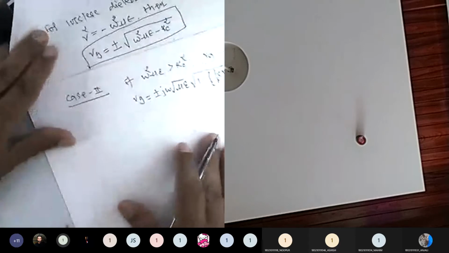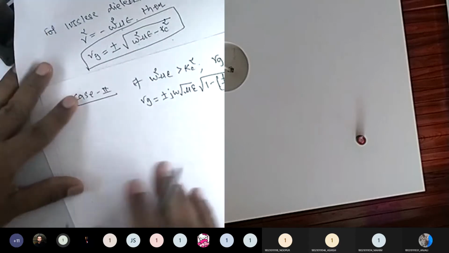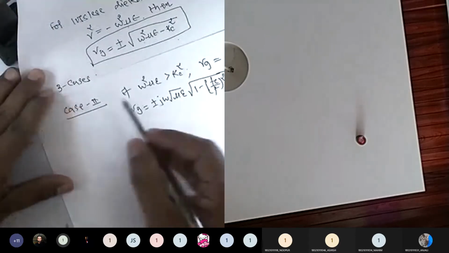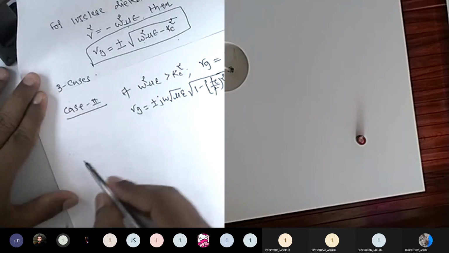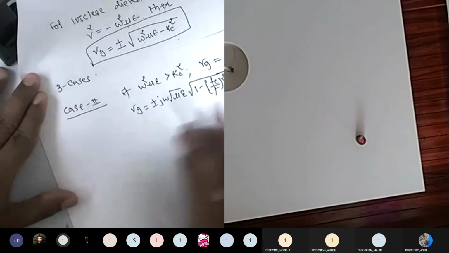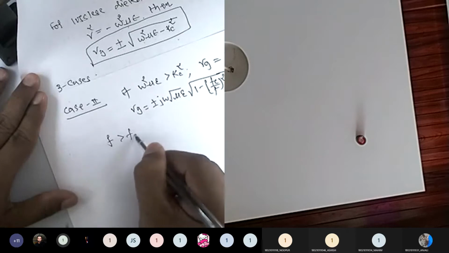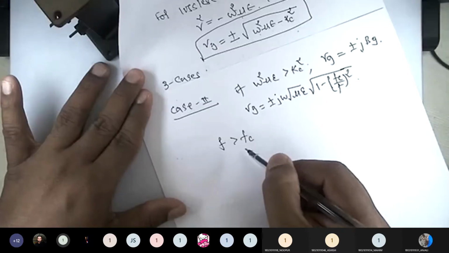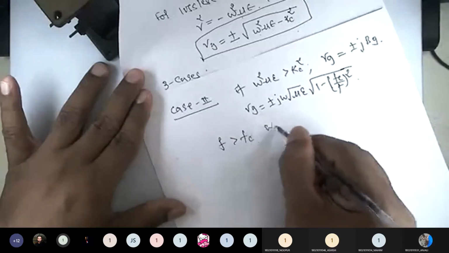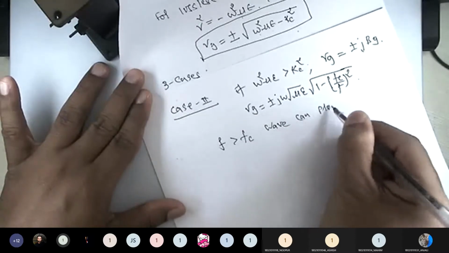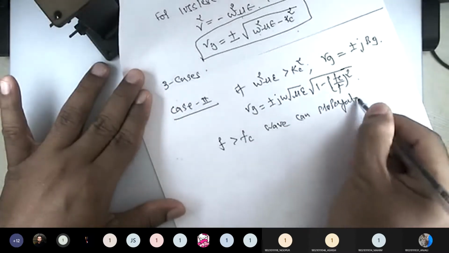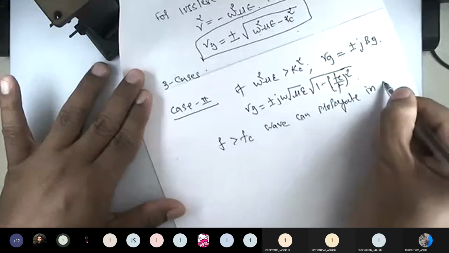So in short, I just want to conclude from this condition, case number 2, that if our operating frequency f is greater than fc, then the wave can propagate inside the guide.